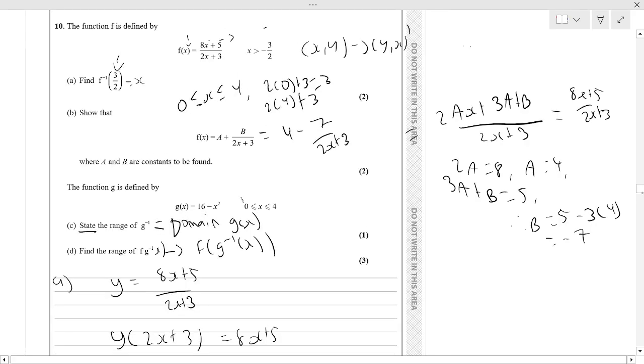As you can see, 2x plus 3 is like a line; it keeps increasing. So if you increase the value of x, the denominator gets bigger. Now, if the denominator gets bigger, because the numerator is a constant, the fraction will get smaller.